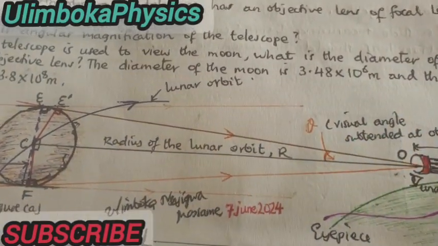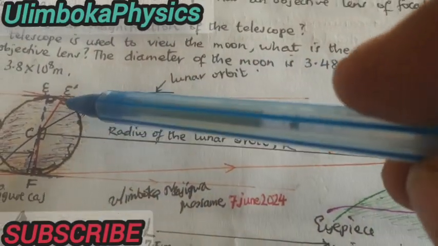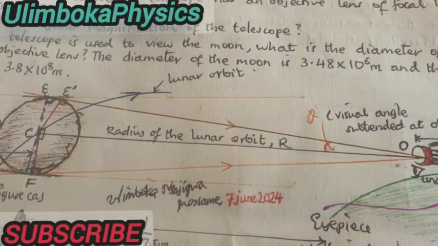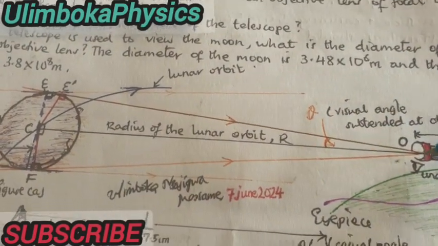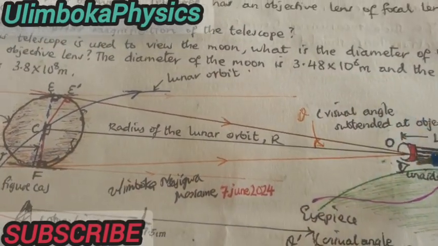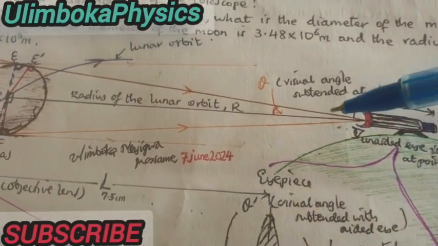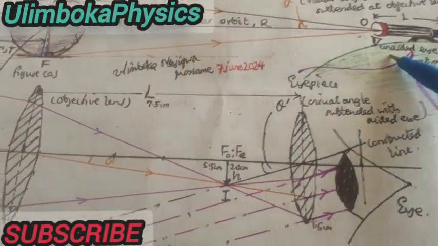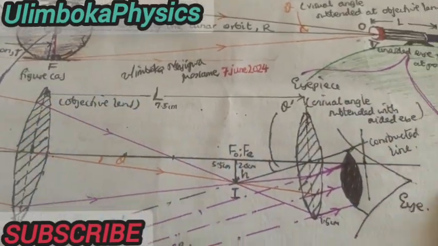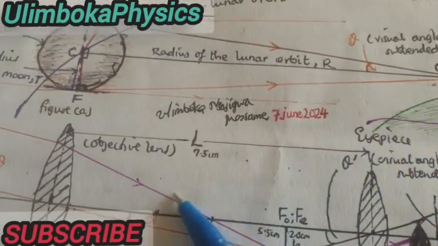They don't actually incident on the point O, but the tangent rays of light are the ones that are incident at point O, and they appear to come parallel to the observer's eyes, as you can see in the internal part of the diagram of this telescope.